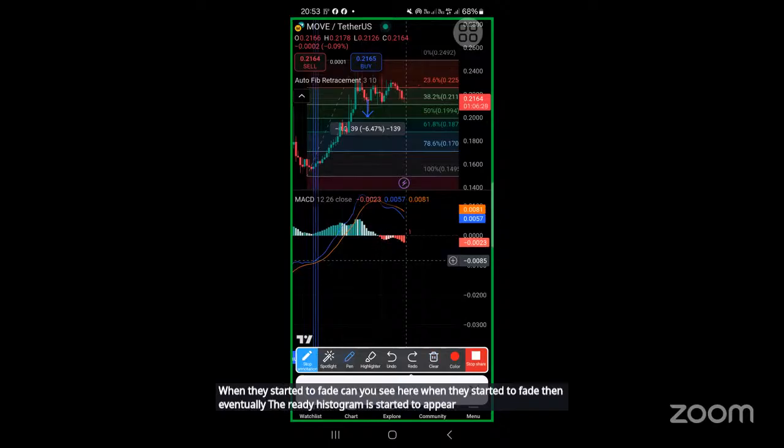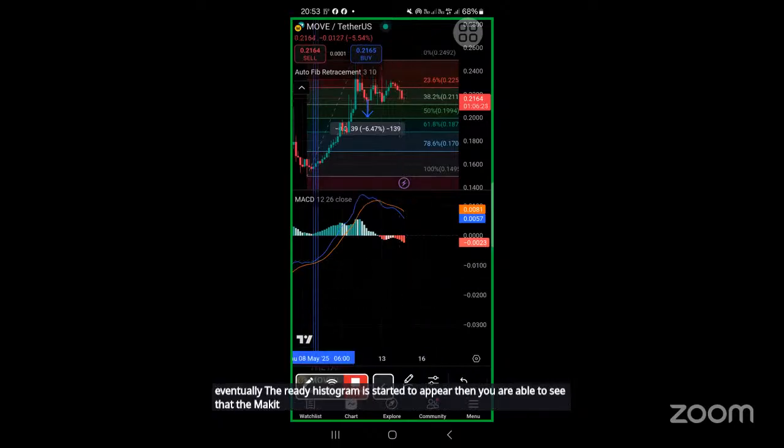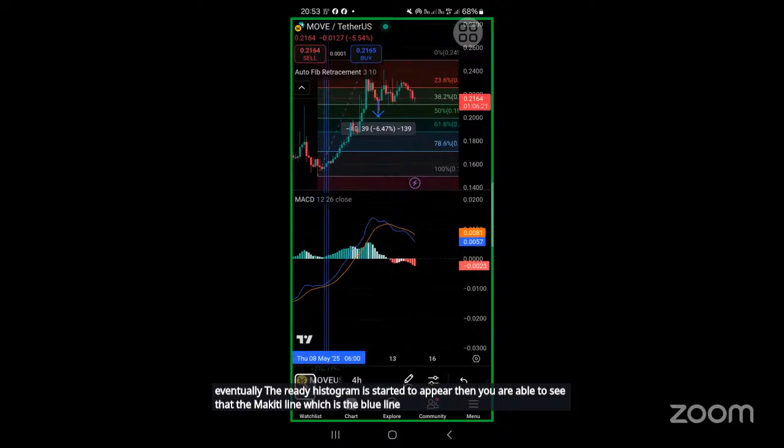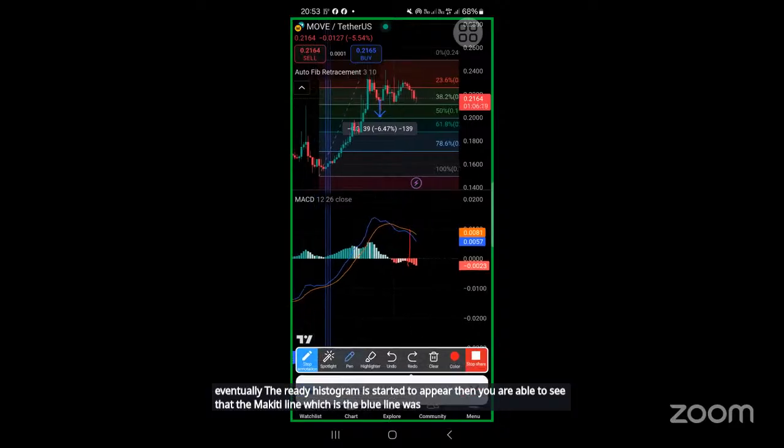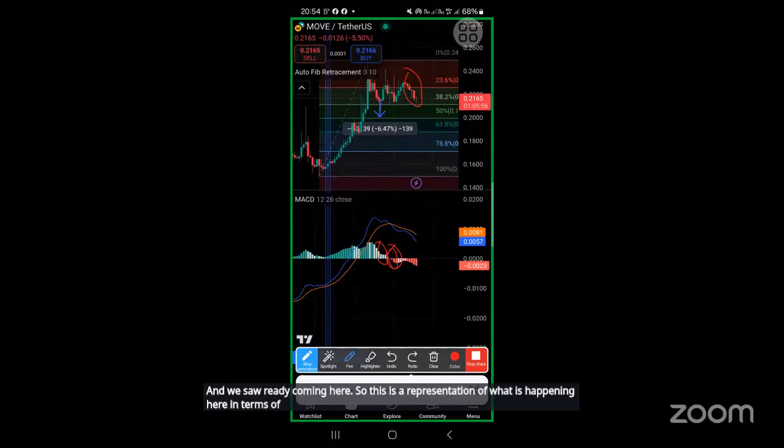Then you are able to see that the MACD line, which is the blue line, made a crossover to the downside when the pressure reduced to the extent that green completely got out of the picture and we saw red coming here. So this is a representation of what is happening here in terms of pressure.